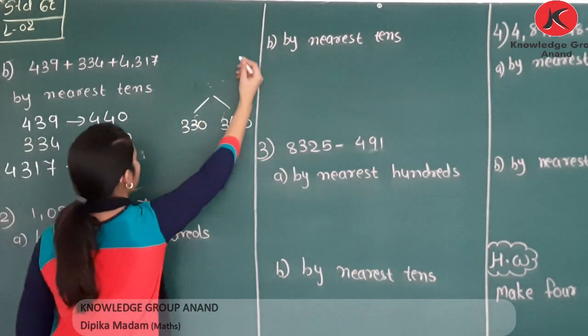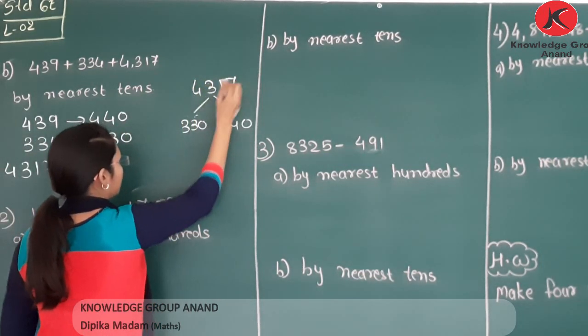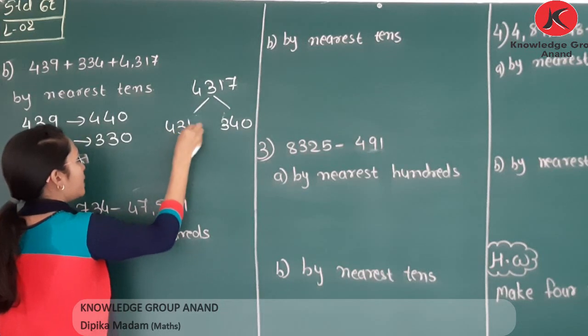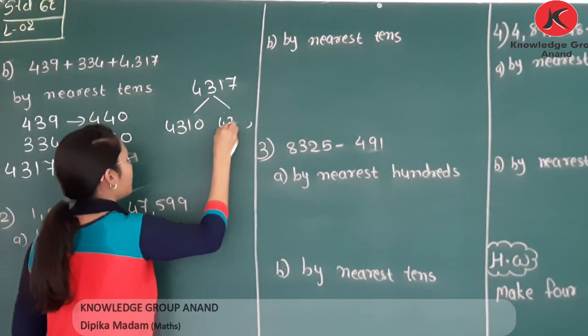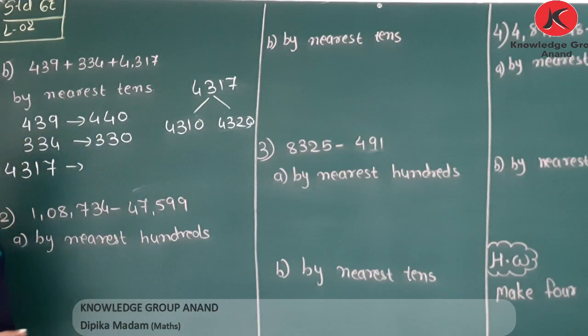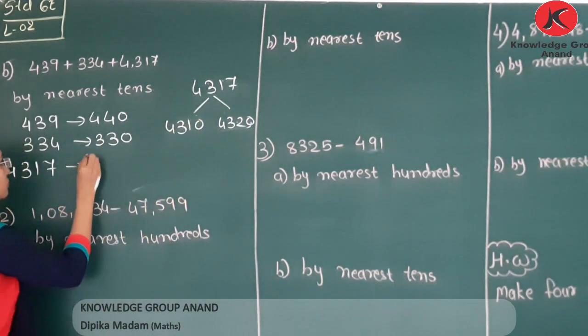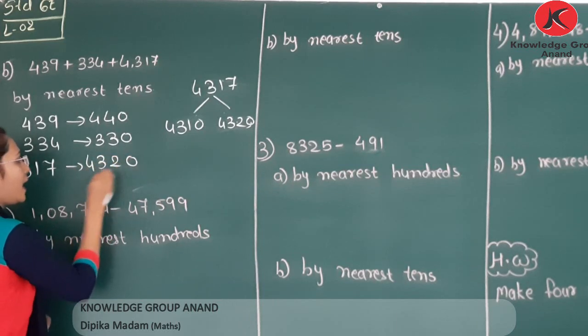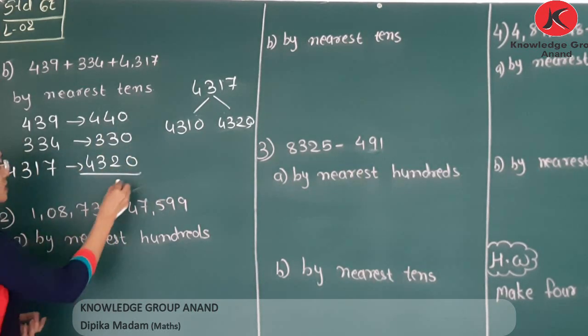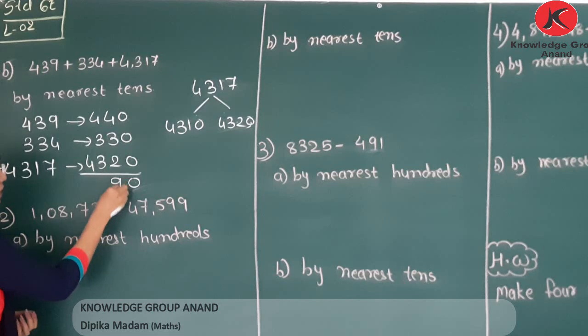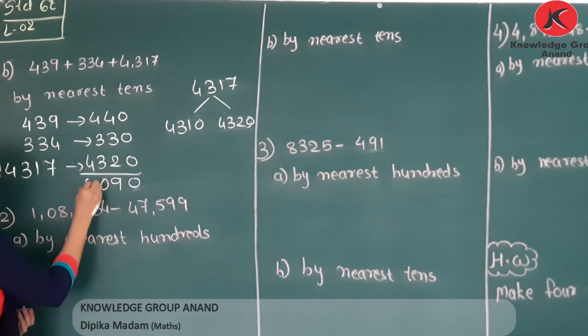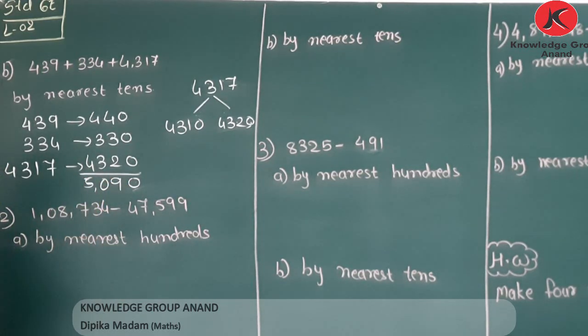It is between 4310 and 4320. Now what is the nearest value? 4320. Now the addition of these three numbers, and 5090 is the answer with the tens estimation.